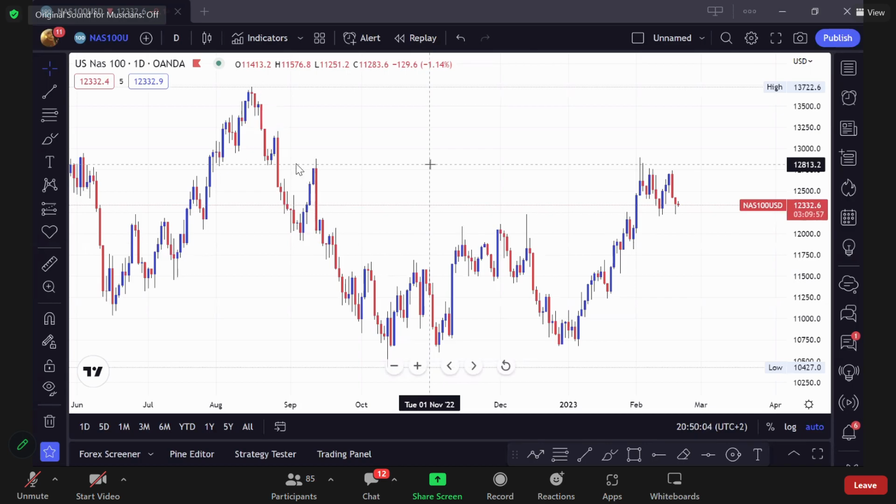So we're entering the bearish trend, and we're getting out of that bearish trend when we see a bullish trend starting. Make sense? Is everybody on the same page?